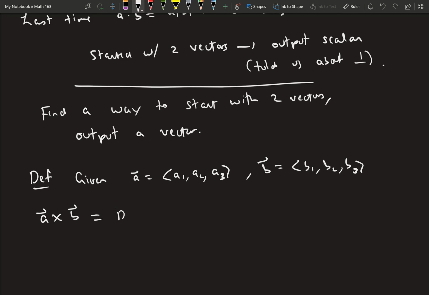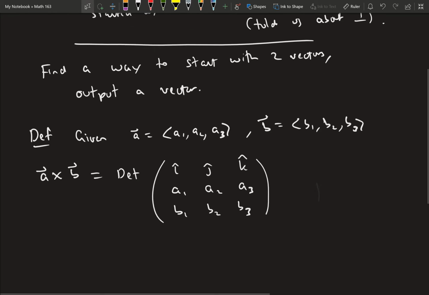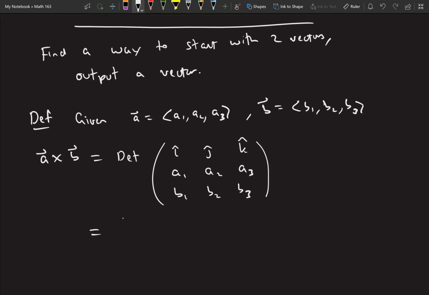It's going to be the determinant of the following matrix: i, j, k, which are vector quantities, and then A1, A2, A3 corresponding to the first term A, and then B1, B2, B3. And for short, just like we talked about in the last video, we're simply going to write this with straight lines here: i, j, k, A1, A2, A3, and then B1, B2, B3.